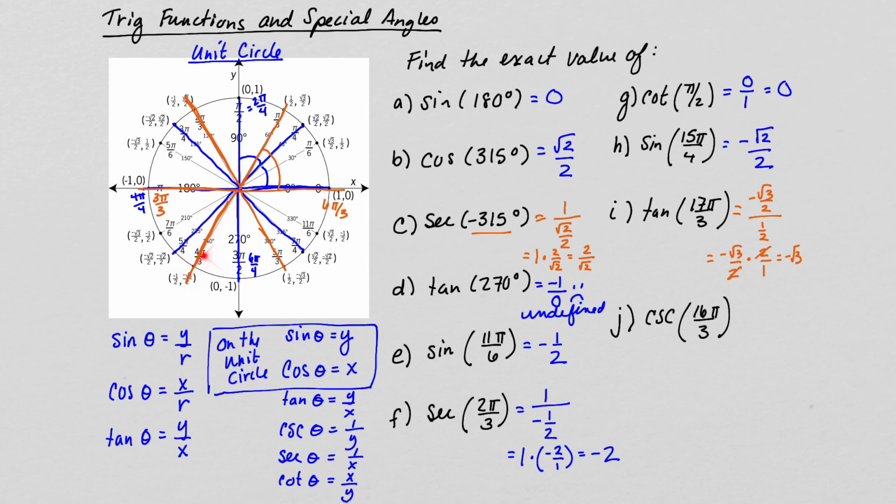Cosecant, if you look down here, is 1 over y. So we're talking about 1 over, and the y value here, let me erase it a little bit so you can see, is minus root 3 over 2. So it's going to be 1 times 2 over minus root 3, or minus 2 over root 3.